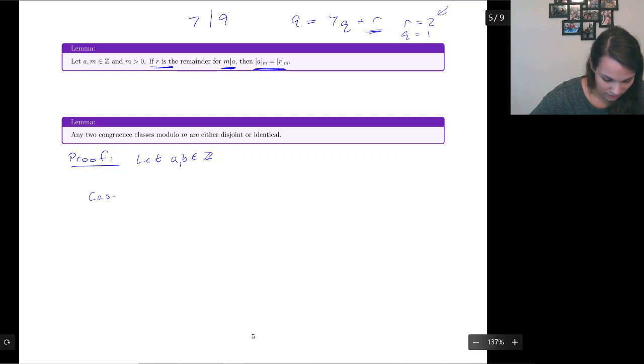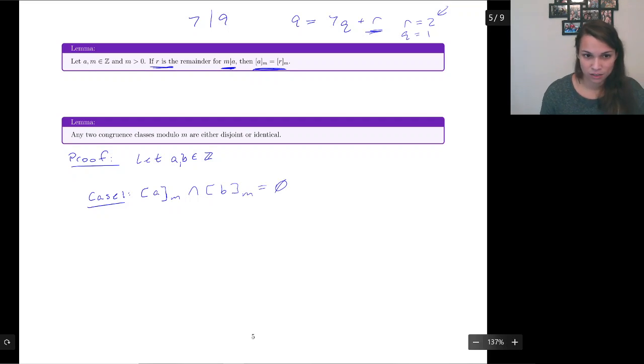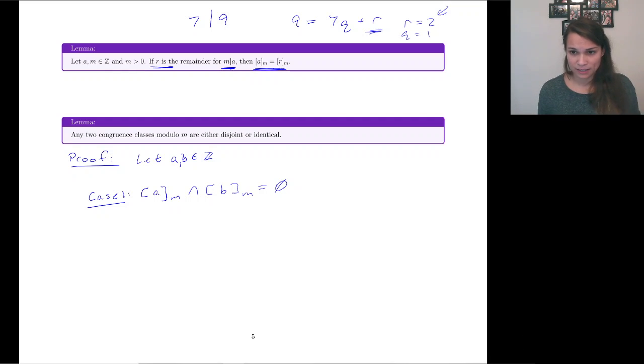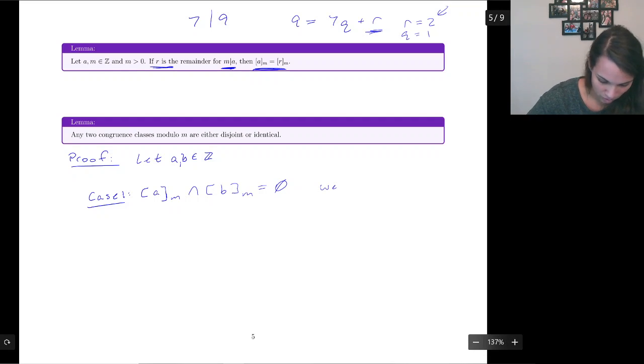So to me, that says we have cases. Case 1: their congruence classes have no overlap, aka no elements are the same, they are disjoint. If we are in this case, we're done.